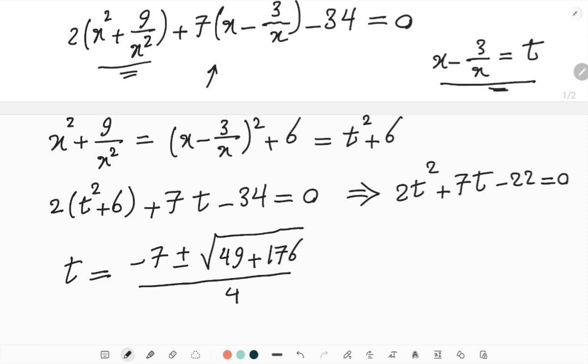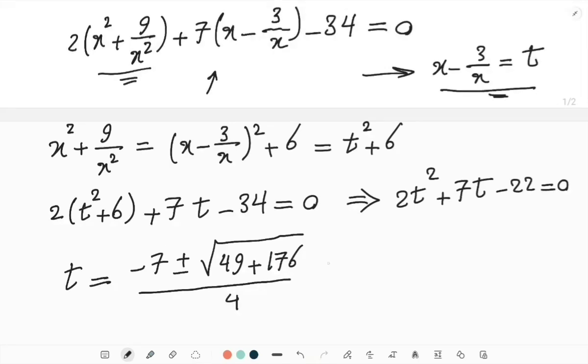And that gives me 225, whose square root is 15. That gives me minus 7 plus minus 15 over 4. If you take plus, that is 15 minus 7, 8 divided by 4, that is 2, and then minus 22 divided by 4, which is minus 11 over 2.